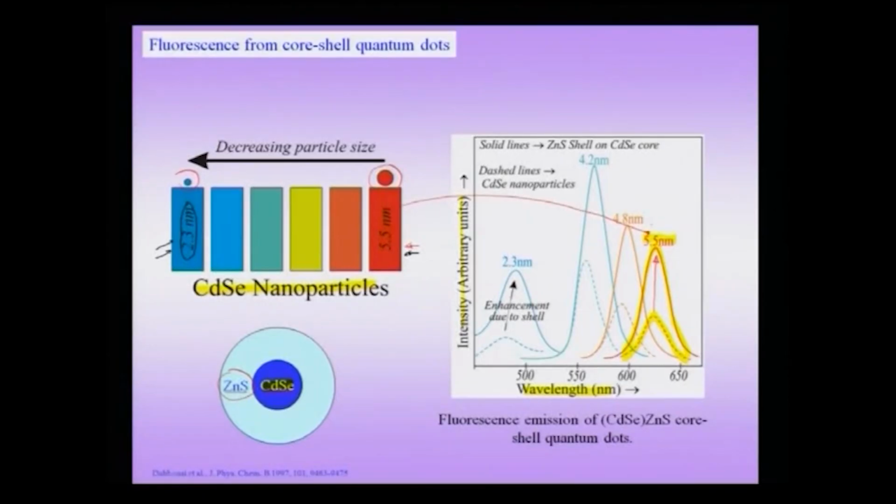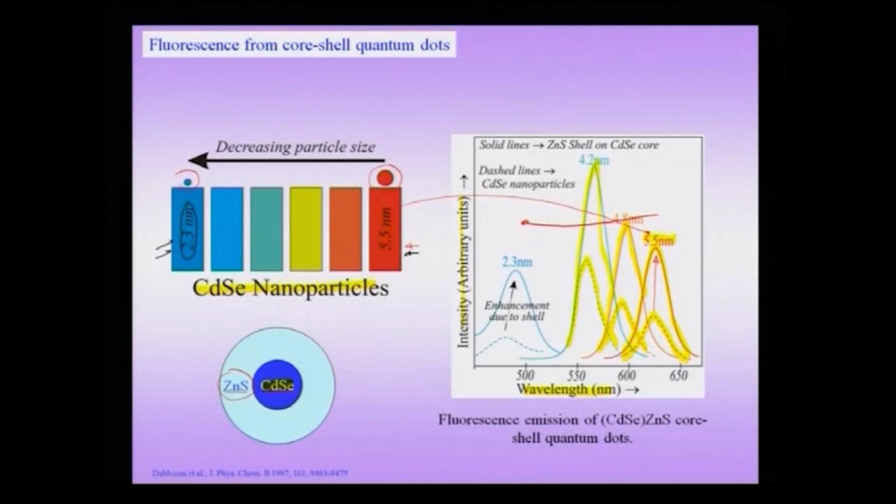Now, as you change the particle size, you can see that the peak is shifting to the blue side, and in each one of these cases the core shell structure has a higher emission as compared to the bare core, the bare core implying only the core. The core is shown by the dotted lines, and the core shell structure is shown by the peak.